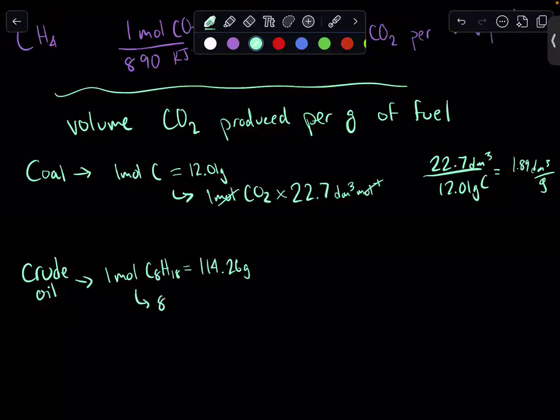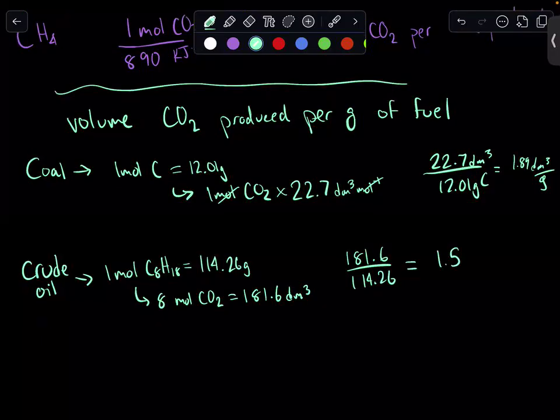This instead produced 8 moles of CO2, which is 8 times 22.7, that is 181.6 decimeters cubed. We're going to set that over each other, so 181.6 divided by 114.26, and we find that crude oil makes approximately 1.59 decimeters cubed per gram.